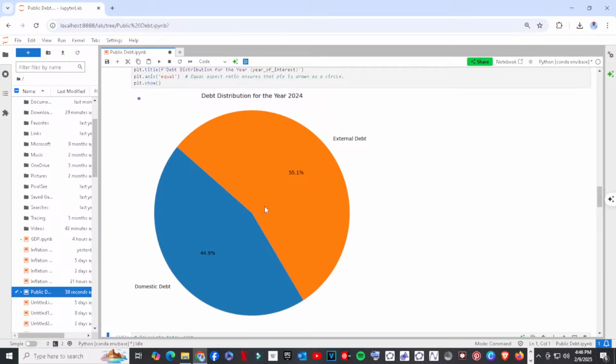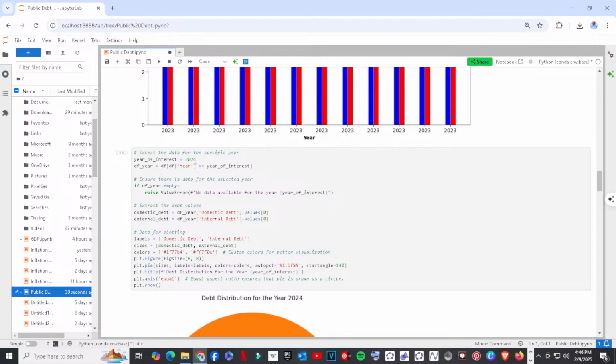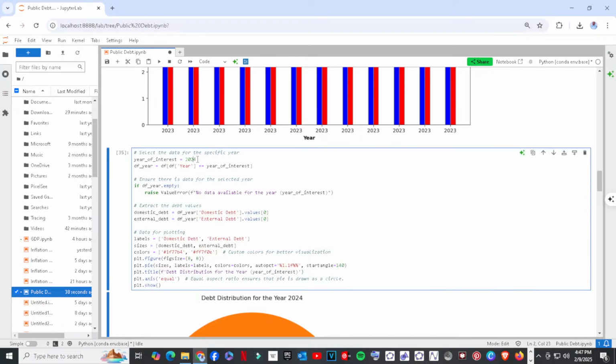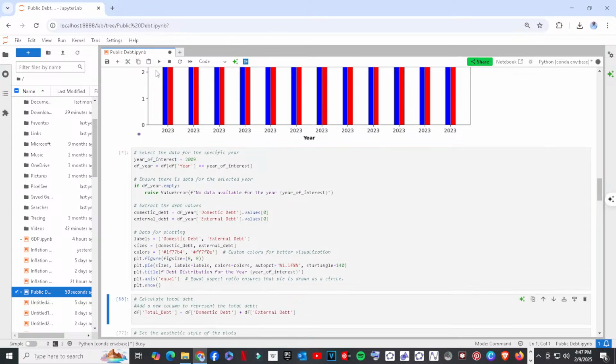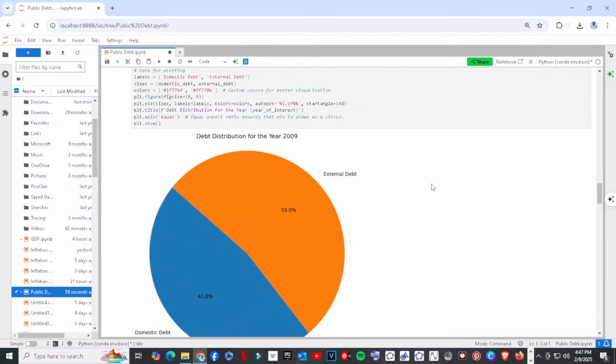But let's see a period of, say, 2009. What did we have? It was 53%. In 2009, that was the second term of President Kibaki.